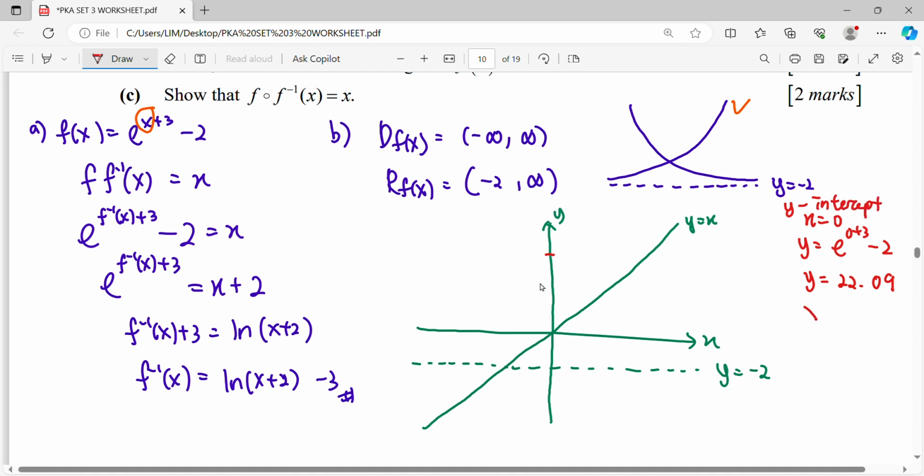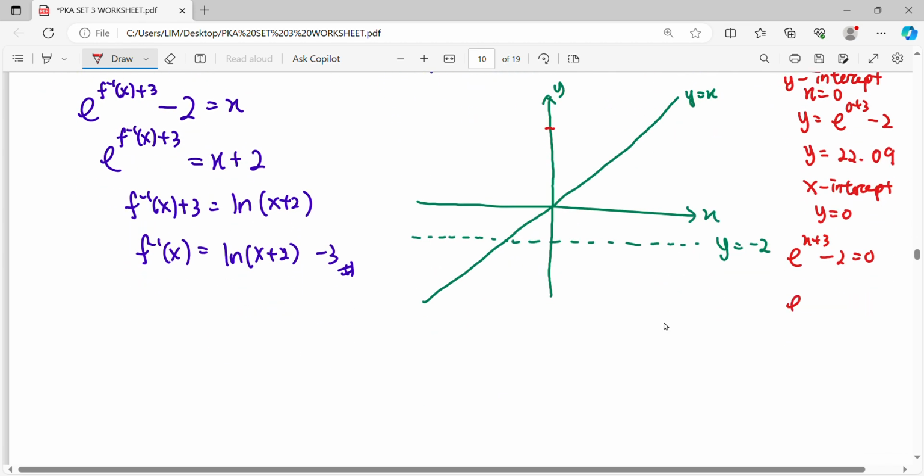Meanwhile, we want to find the x-intercept. We need to let y equal 0. So e to the power of x plus 3, minus 2, equals 0. We simplify this: e to the power of x plus 3 equals 2. So x plus 3 equals ln 2. x equals ln 2 minus 3.